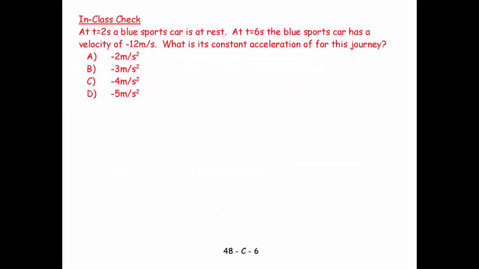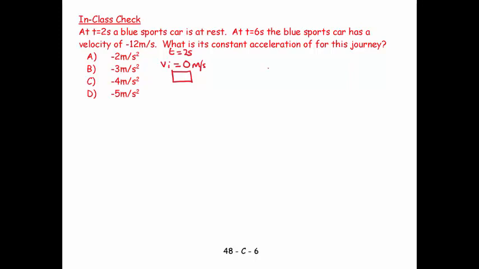Let's do some examples. At time t equals 2 seconds, a sports car is at rest. So let's just draw it as our sports car. The clock, t equals 2 seconds, and Vi is equal to 0 meters per second.